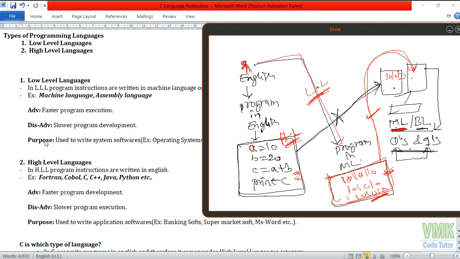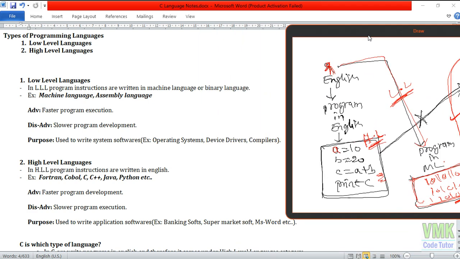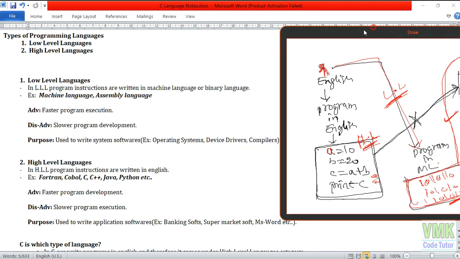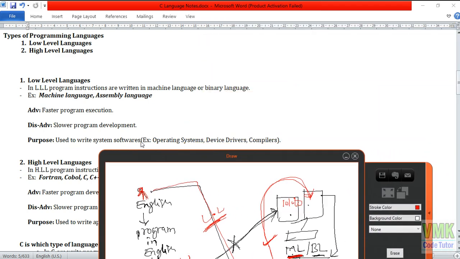Then purpose: for what purpose do we use these low level languages? Low level languages are used to write systems software like operating systems, device drivers, and compilers. So the purpose of low level language is to write system software.